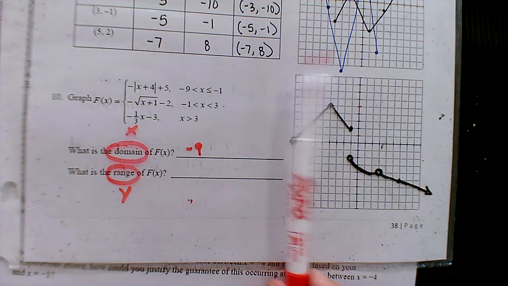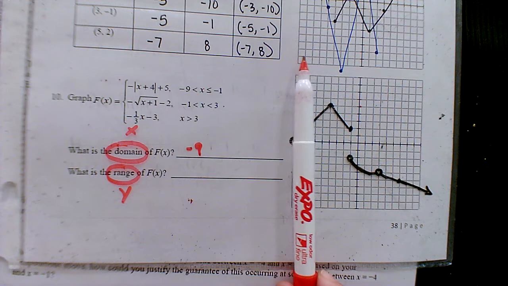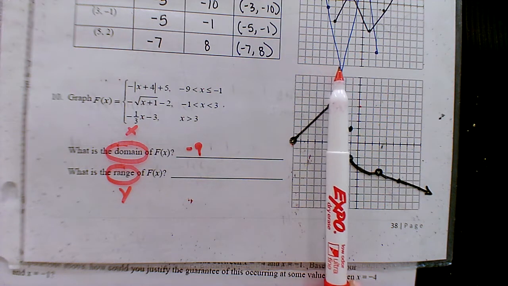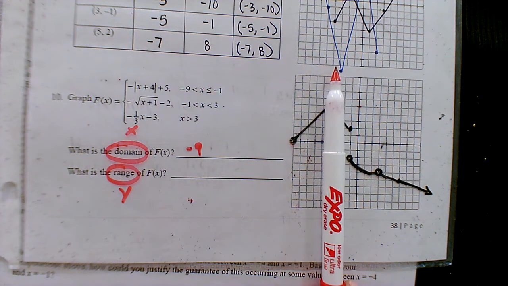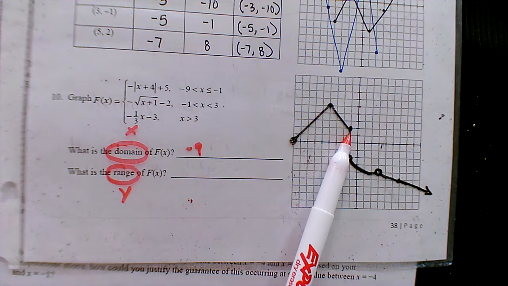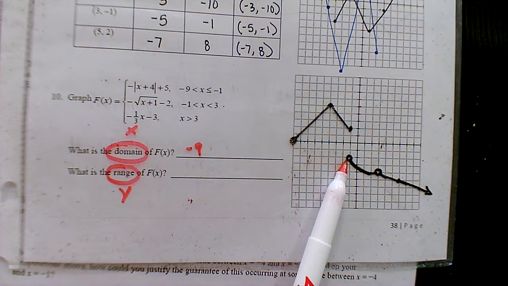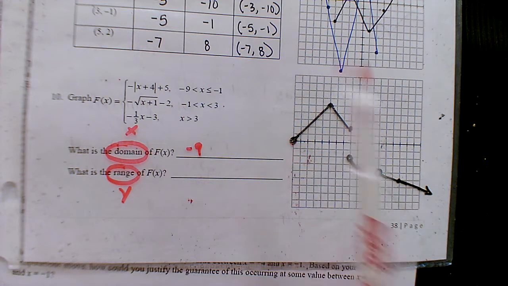Let's see, as we drag across from -9, the graph looks pretty good until we get to -1. Do we have a point somewhere at -1? Yeah, we have that closed circle right there. Even though this one's open, we still have a point at -1.